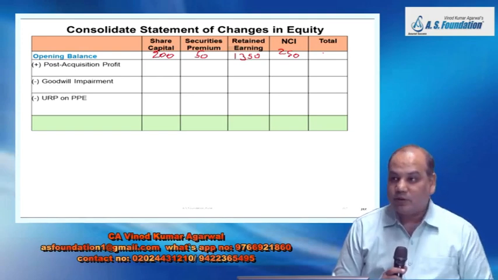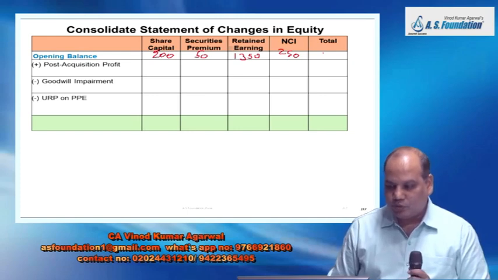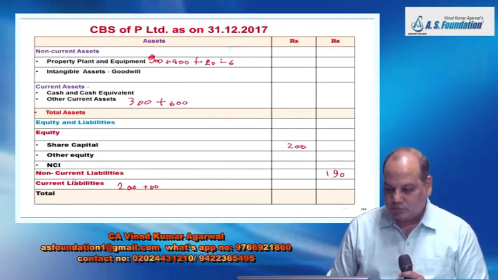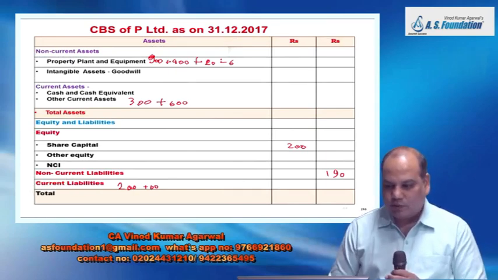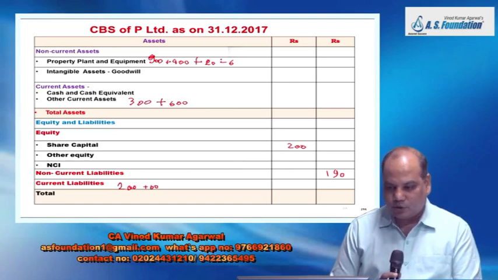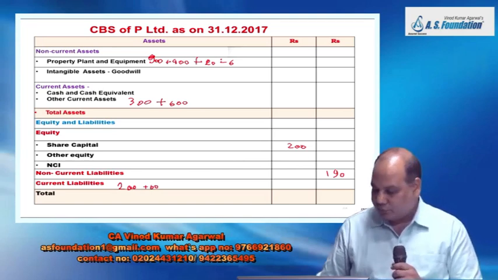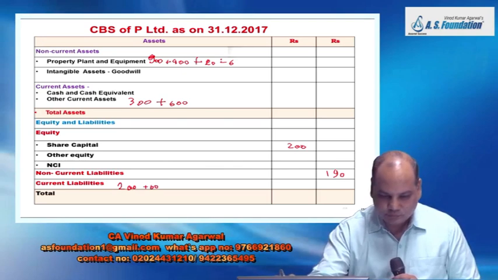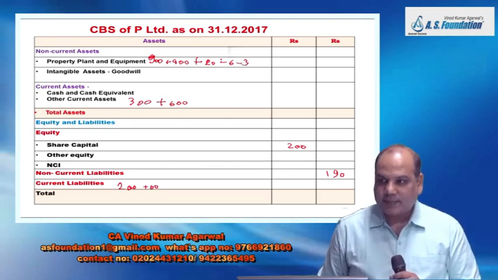How much profit they have made in this? 3,000. Who has made the profit? Parent company. So first one, we will remove the profit from the property, plant and equipment. So -3.